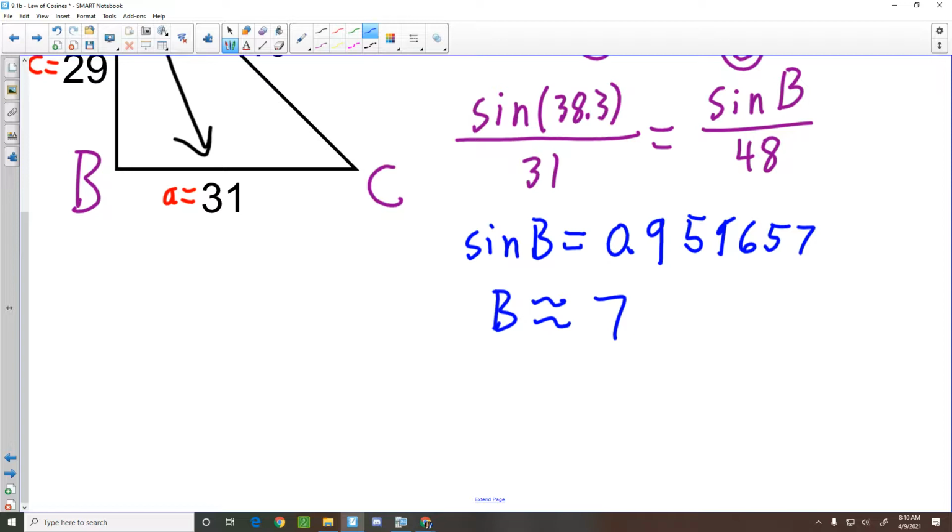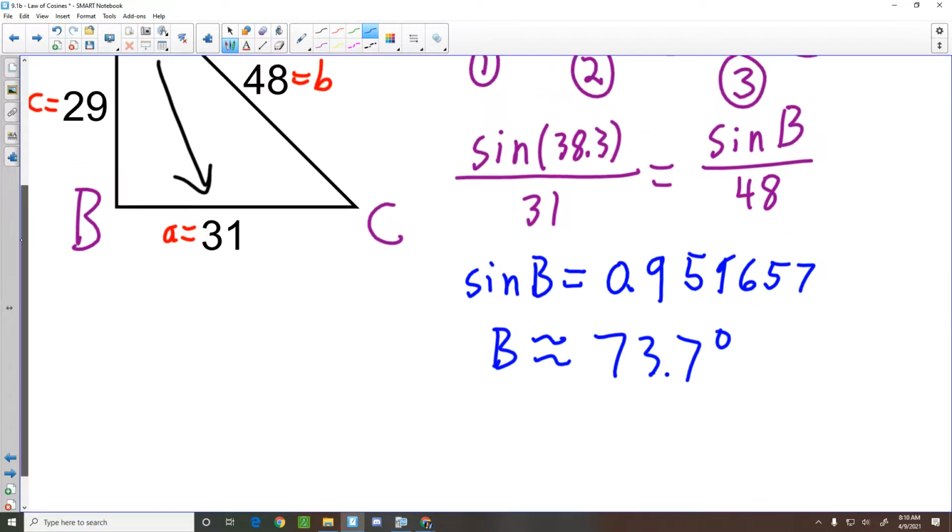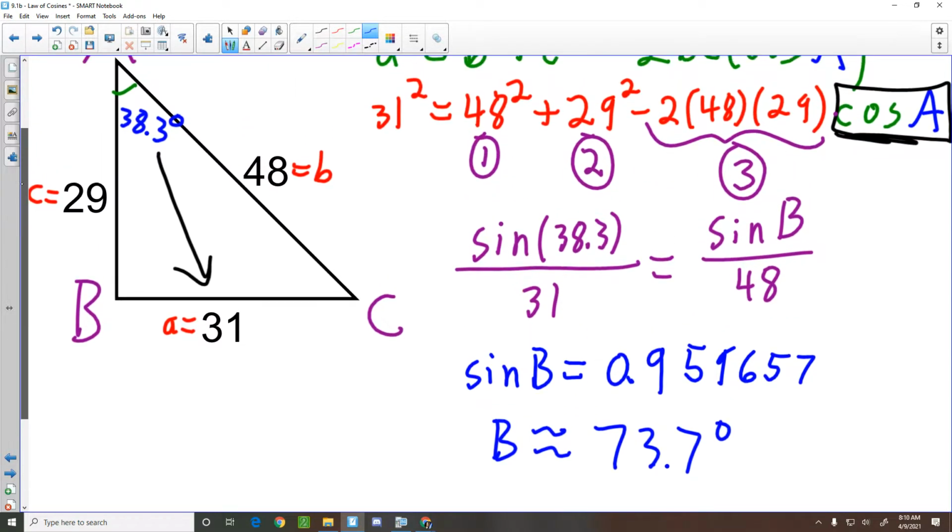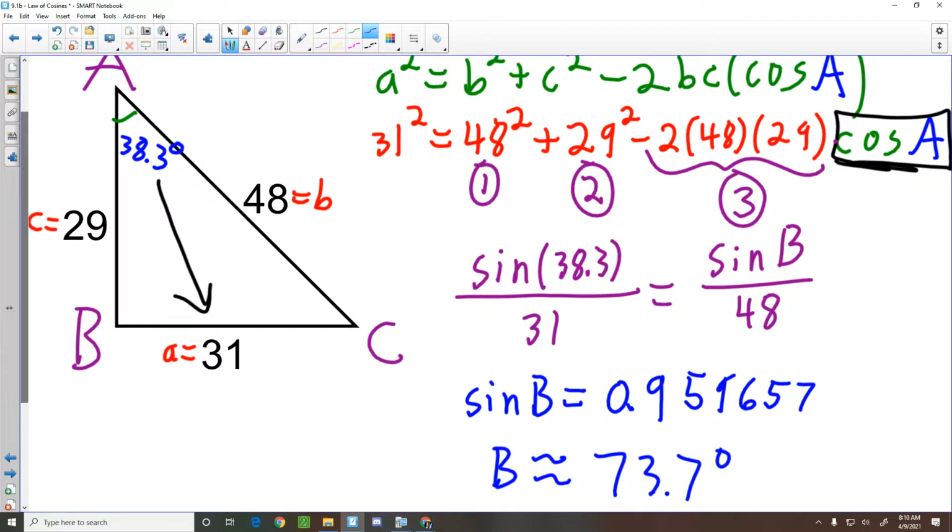I saw a couple nods. So that's just a refresher from last class. Angle B right here is 73.7 degrees.